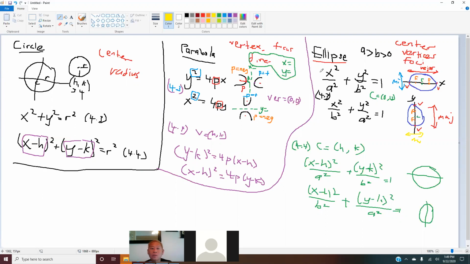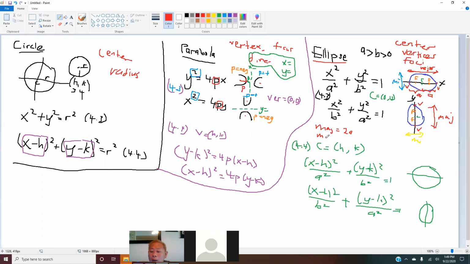Okay, so there are formulas you need to know here for ellipses. Your major axis is 2a. The reason I say it's 2a is that the distance from your vertex to the center is a. Since the major axis goes from one vertex to another vertex, you get 2a.